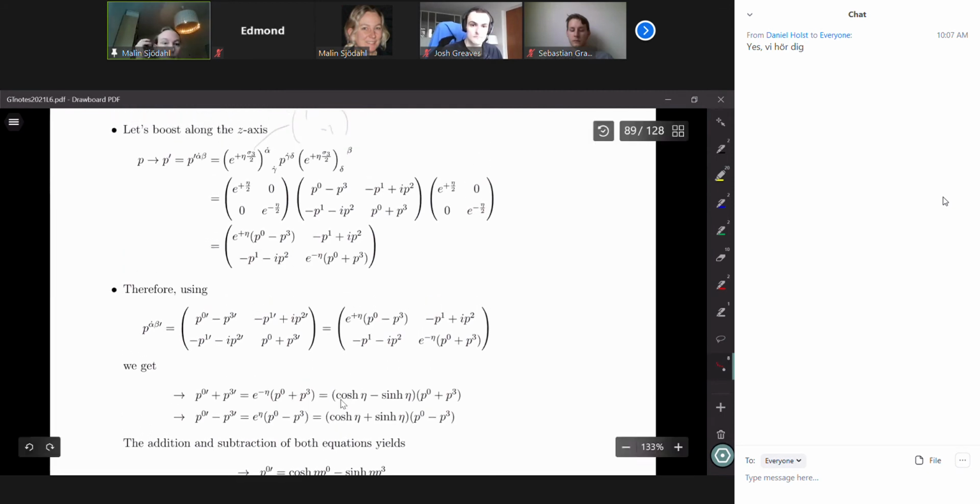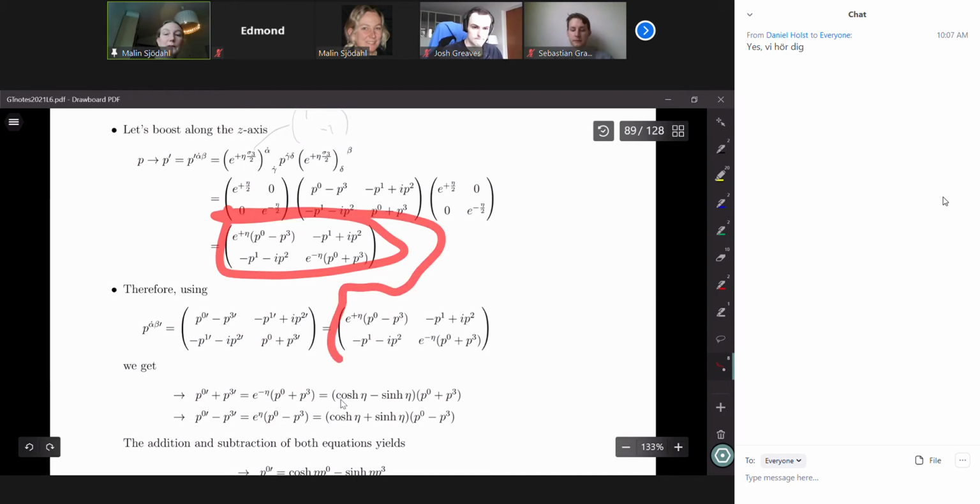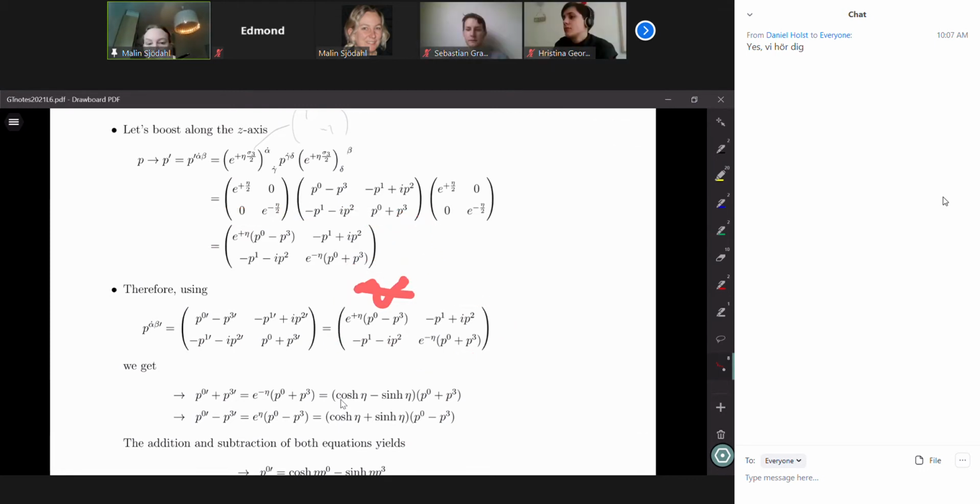So to conclude, we have that p prime, which is then the primed coordinates, so p0 prime, p3 prime, and here p1 prime minus i p2 prime, etc., is then equal to this object here, copy pasted. And the nice thing about this is that now we can start identifying components.